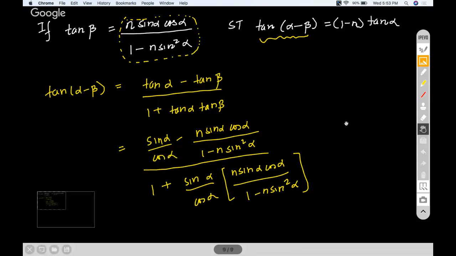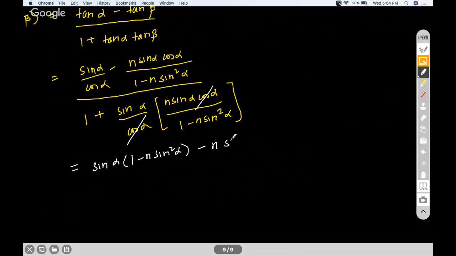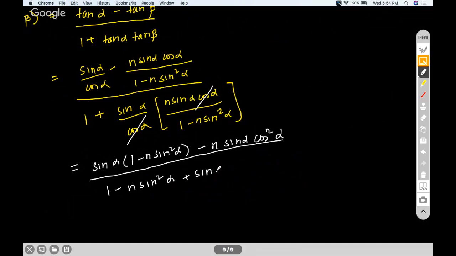Now, cos alpha and this cos alpha will get cancelled off. So let me simplify this. So it becomes sine alpha 1 minus n sine square alpha minus n sine alpha cos square alpha. In the denominator, I will have 1 minus n sine square alpha plus, you can write this as n sine square alpha.